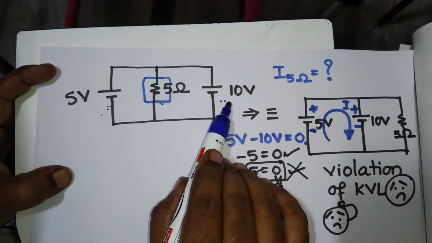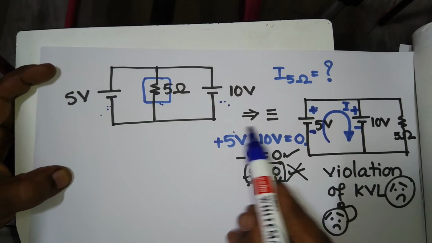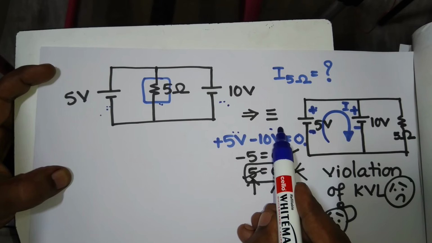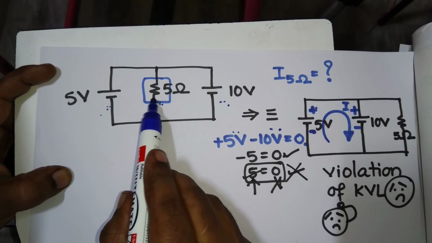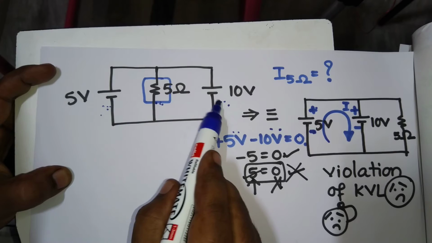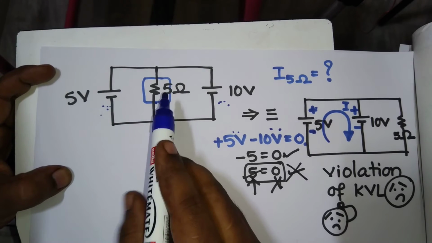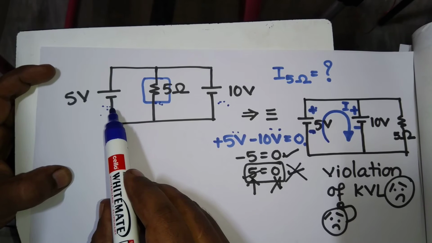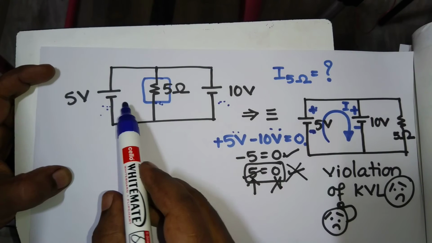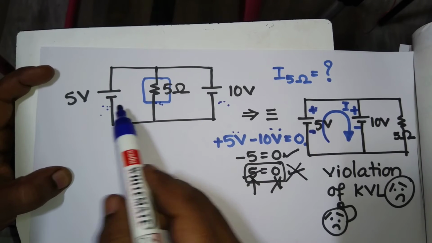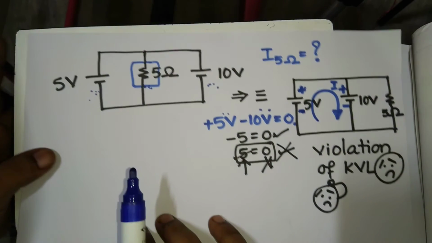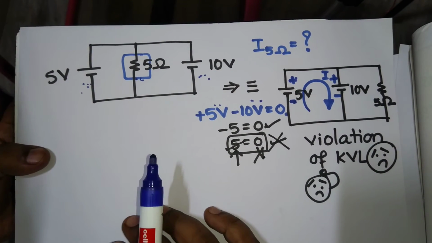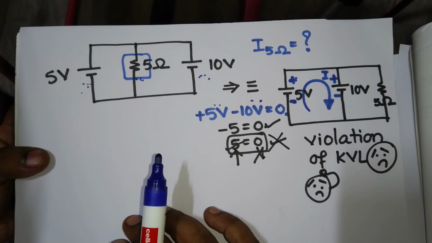All this happened because this 5 and 10 are unequal. So across this passive component, no two different voltages can act. You cannot connect like that. You cannot really connect two different voltage sources in shunt like this. This is a very simple and interesting and most required observation.